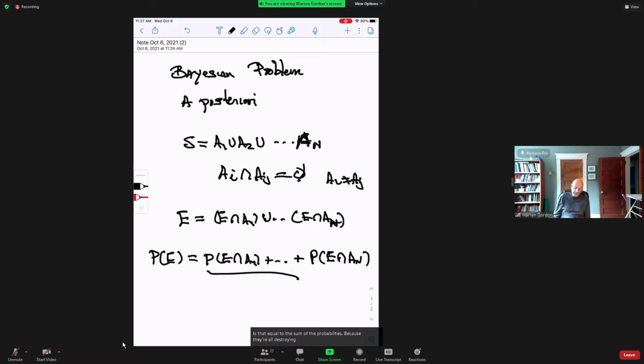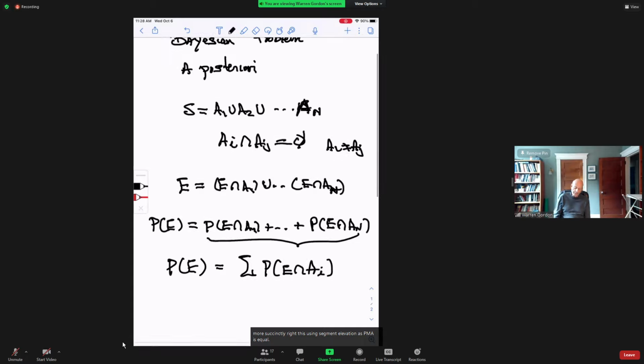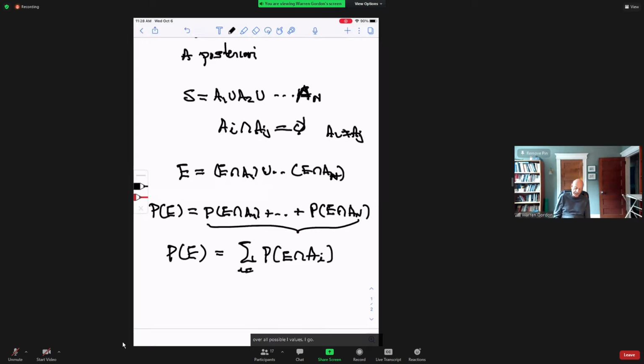And I can more succinctly write this using sigma notation as P of E is equal to the sum over all possible I values. So I goes from 1 to n.